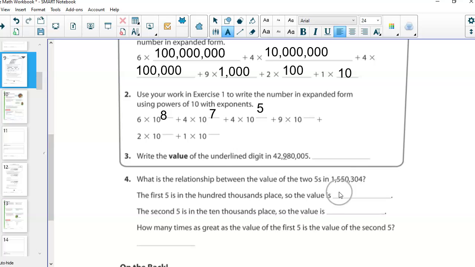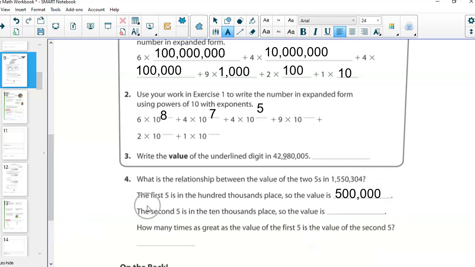Remember we talked about how the value of a digit works: we have that 5 in the 100,000s place, and everything else after it becomes a 0. So the 5 in the 100,000s place represents 500,000.